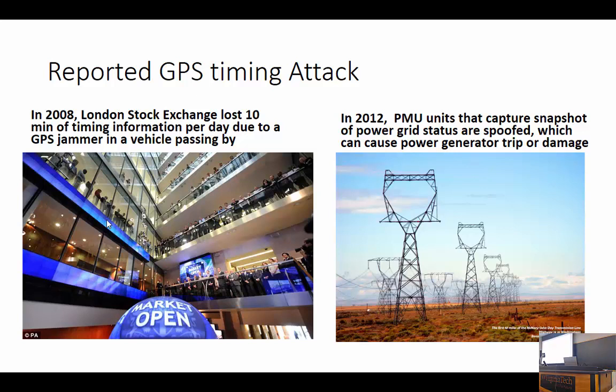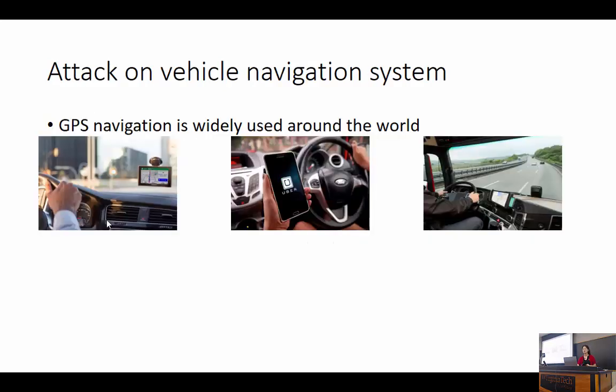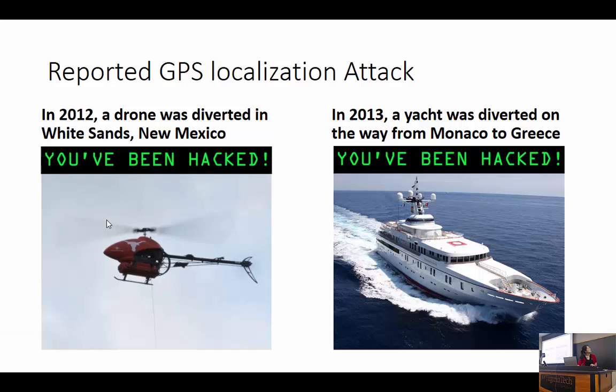They demonstrated that it's possible for that kind of attack to cause power generators to shut down, or be damaged, or even cause a widespread power outage. That's about the attack on the timing services of GPS.